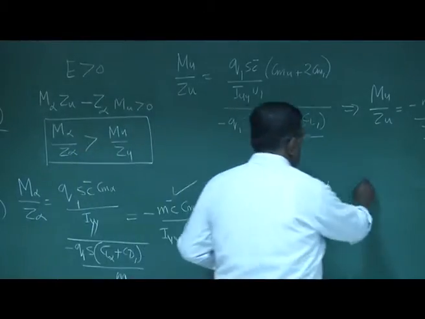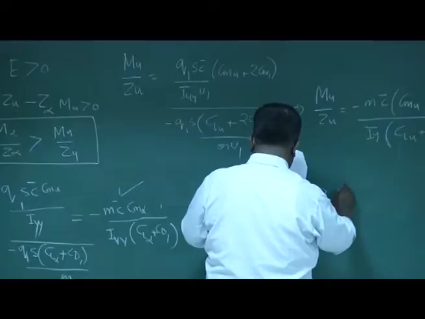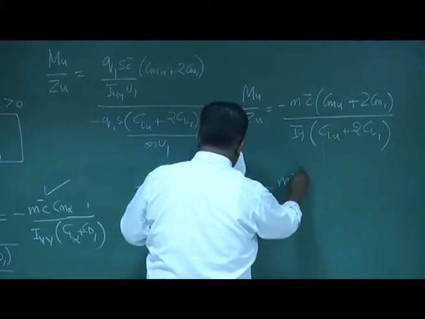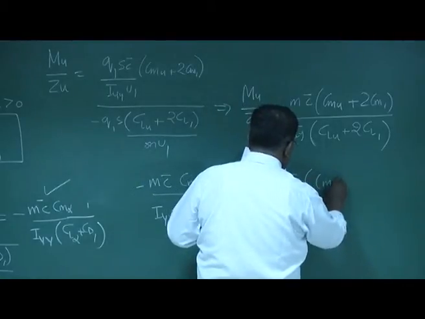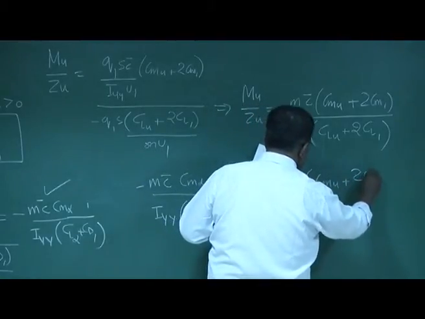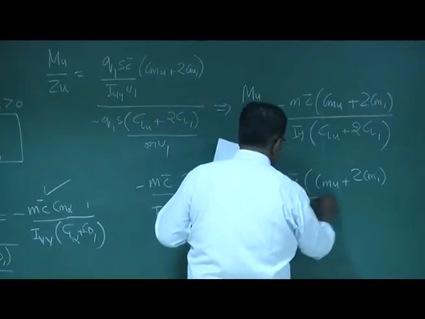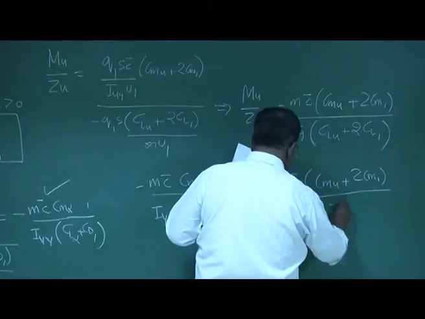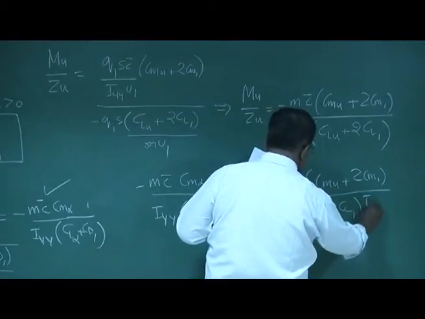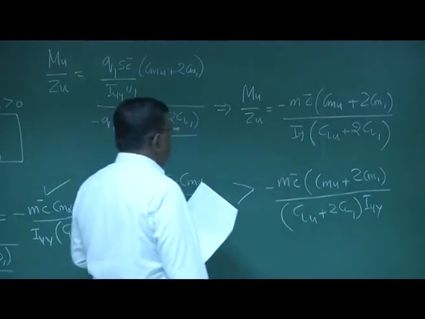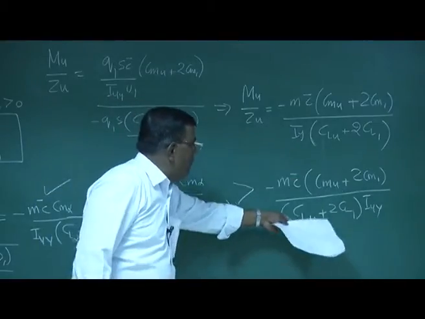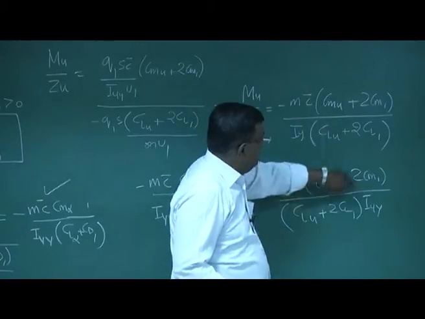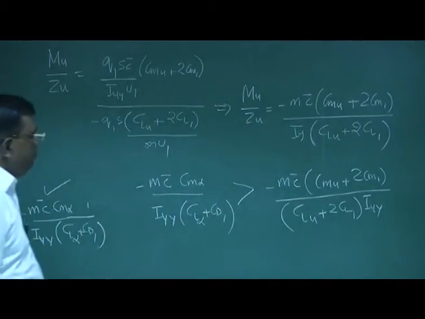This should be greater than Mu by Zu, which is minus m c bar Cmu plus 2 Cm1 divided by CLu plus 2 CL1 Iyy. Now how to simplify this?